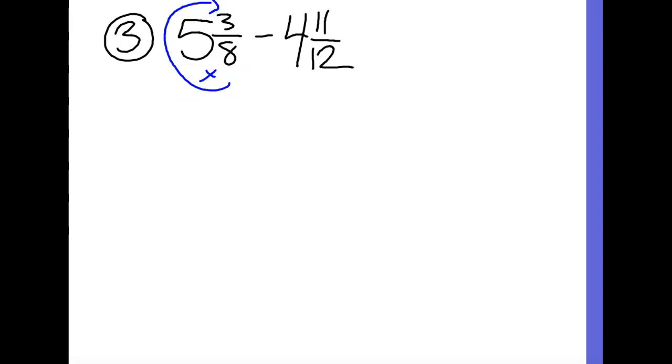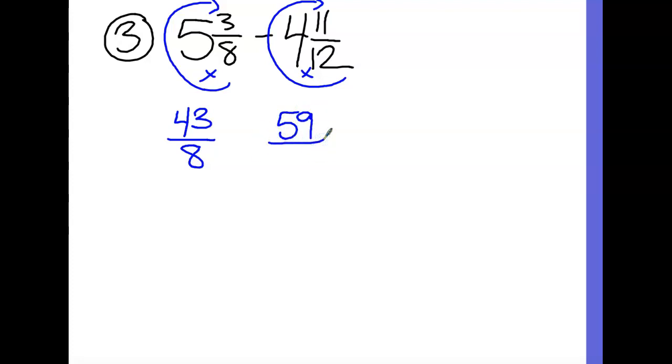Add. What do you get? 43 over 8. Multiply. Add. 59. Yeah, it's 48. 12 times 4 is 48 plus 11, 59.